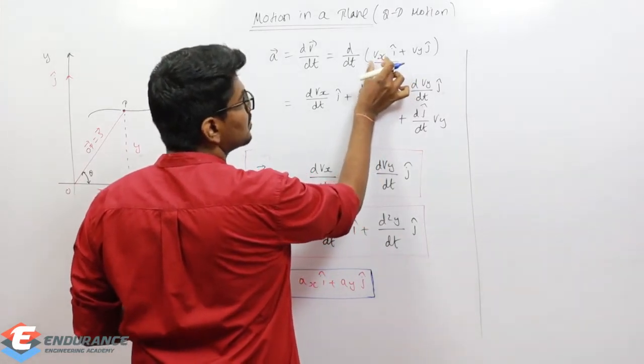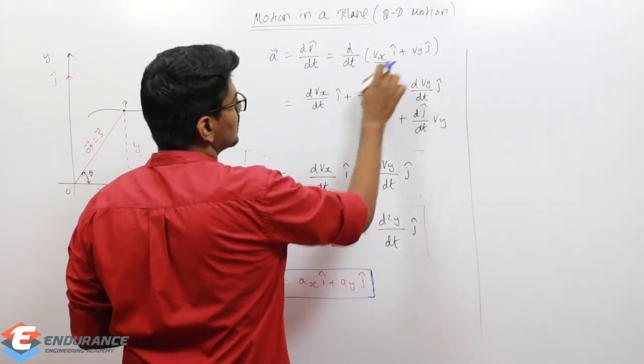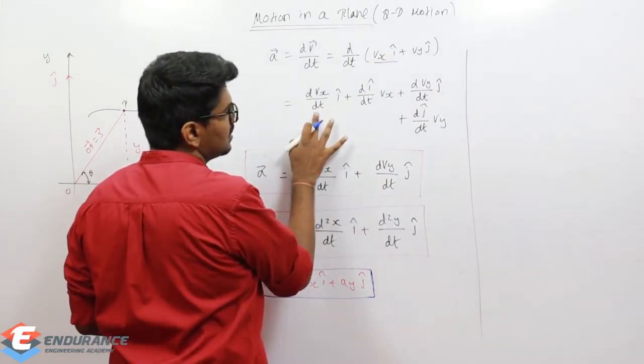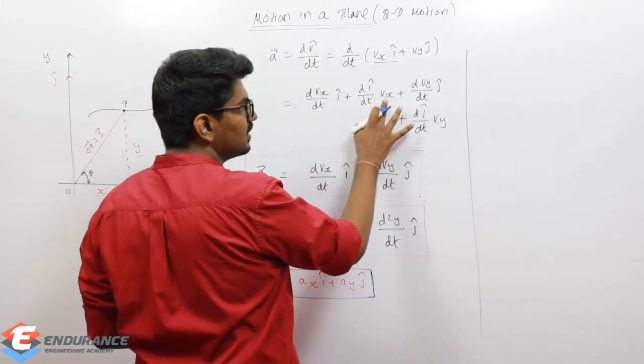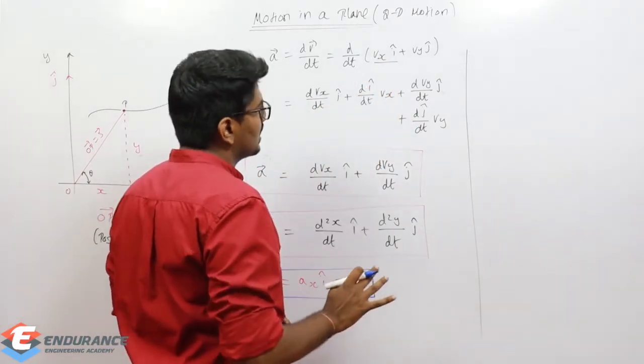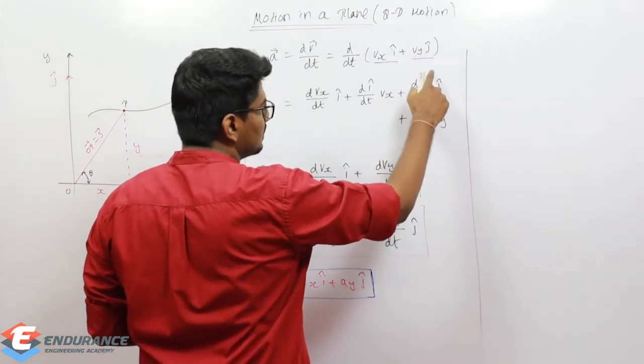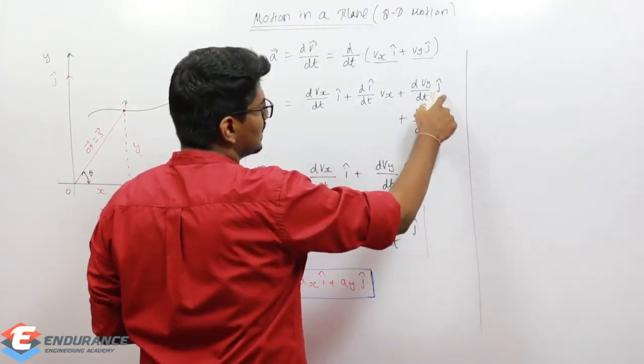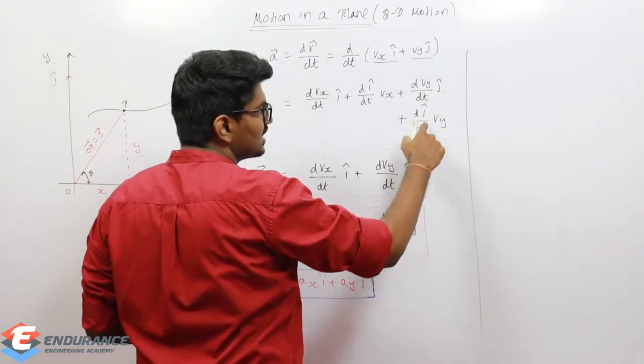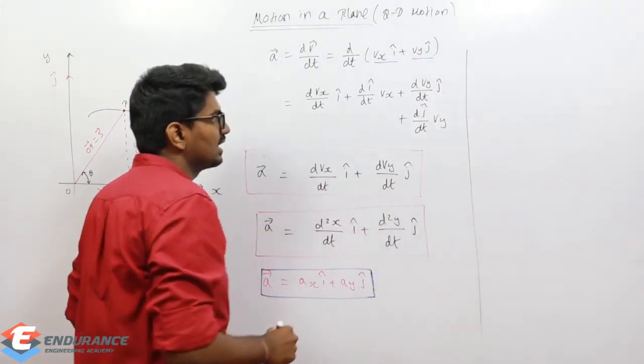I need to keep one constant and differentiate the other. So first I keep i constant and differentiate vx, and next I keep vx constant and differentiate i. Then for the second term, I differentiate vy first, and keep j constant, and differentiate j while keeping vy constant.